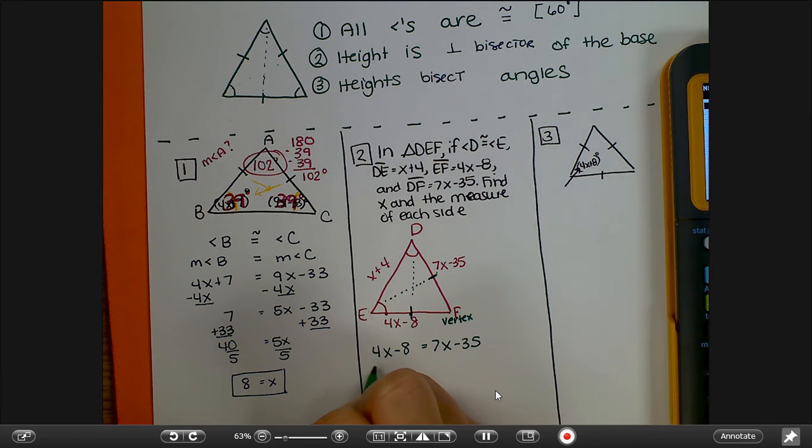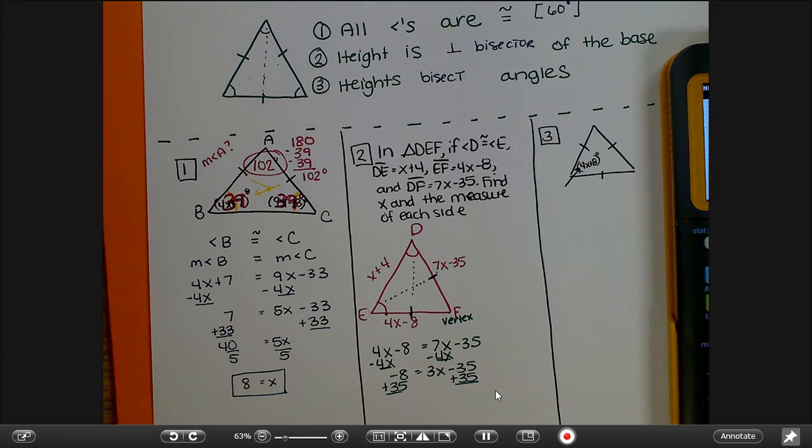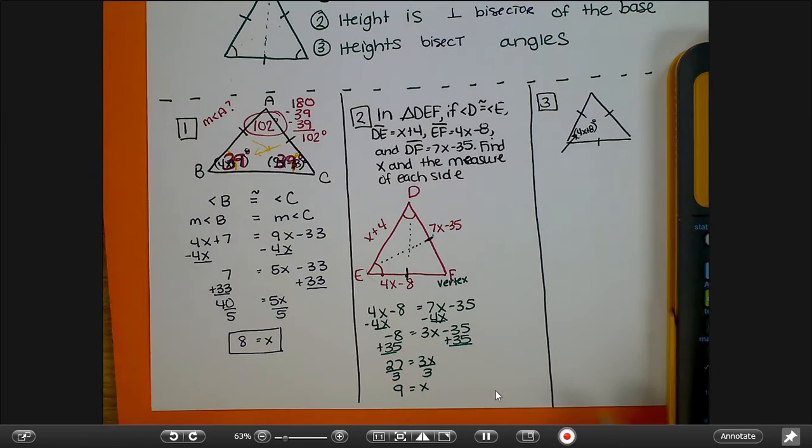We're going to solve that. And we get x equals 9, or 9 equals x using the symmetric property.